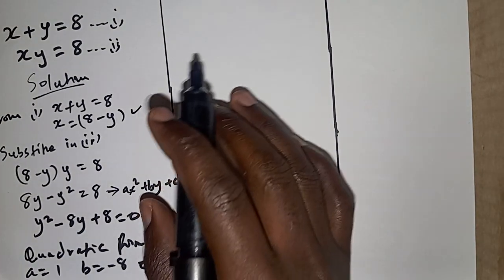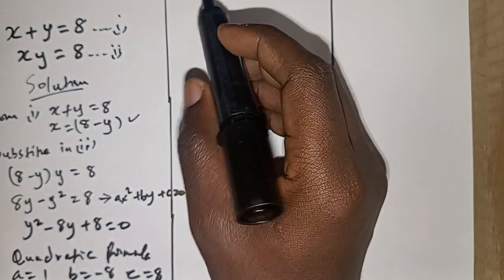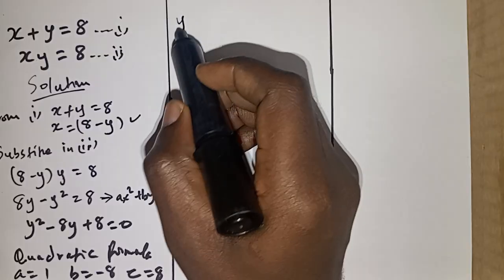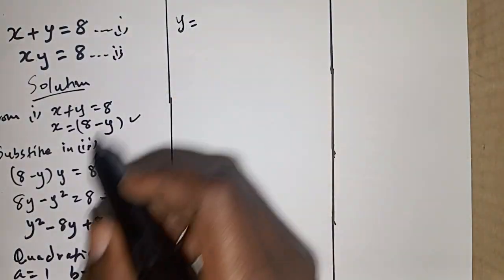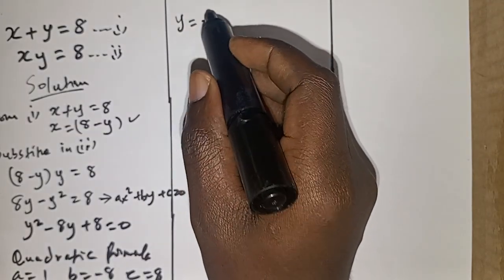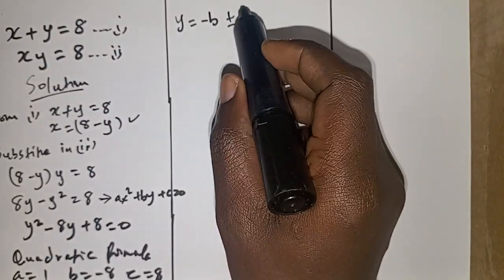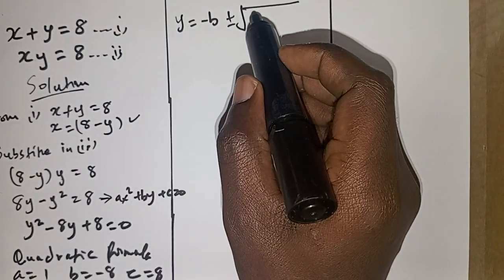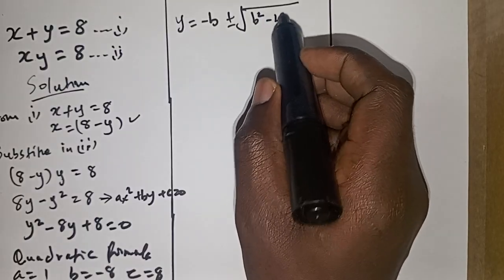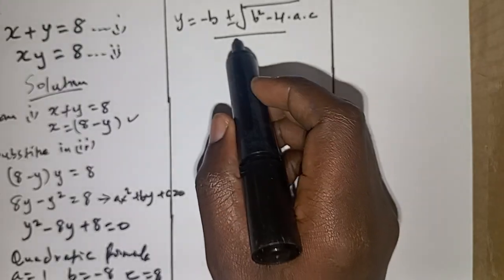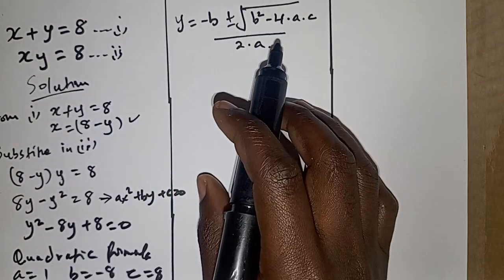So substituting all this in the quadratic formula, which says that for you to get the value of y, I'll use negative b plus or minus the square root of b squared minus 4 multiplied by a multiplied by c, divided by 2 multiplied by a.